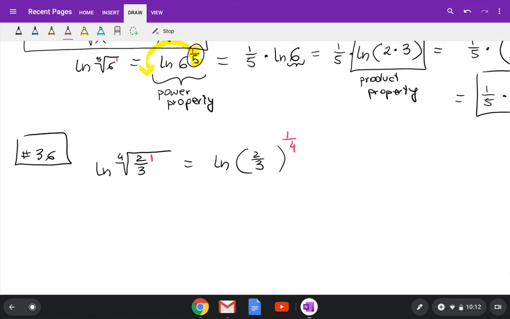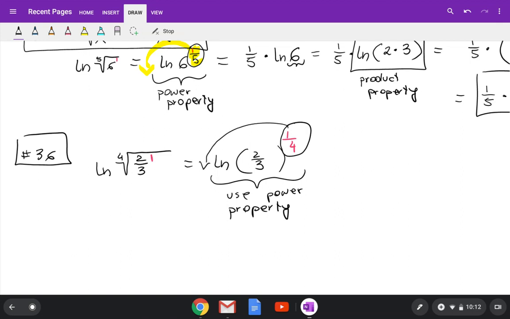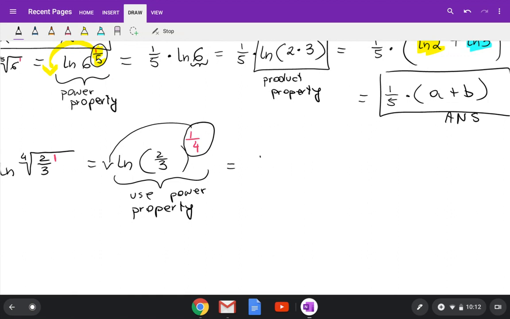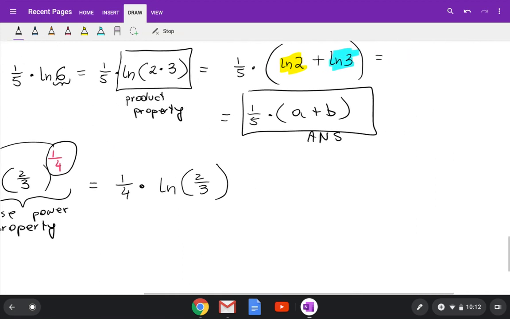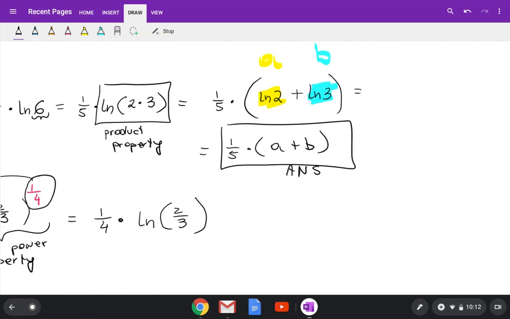Now we have to keep simplifying. You see the exponent, you see the power, that means use the power property. Power property means move that power in front of ln. That will give you 1 over 4 times ln of 2 over 3. Starting to look better. Now, when you see a quotient, which is a fraction, that means quotient property.